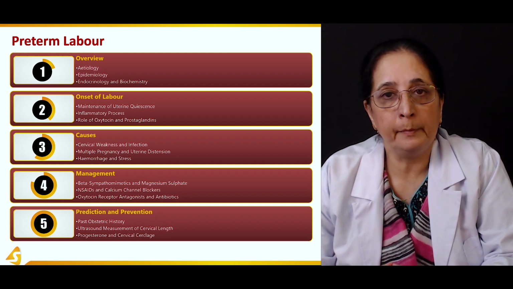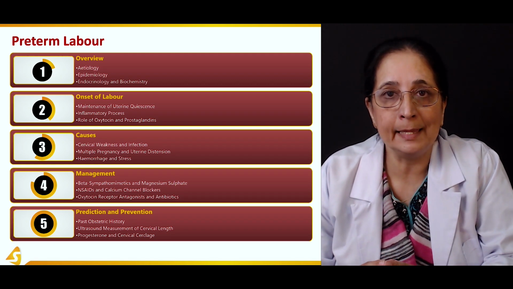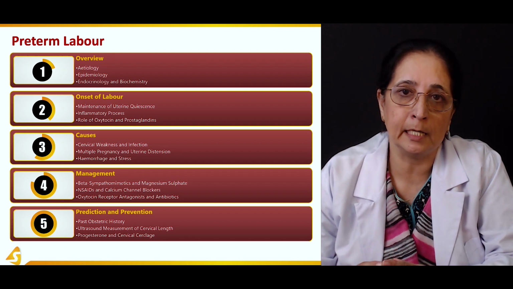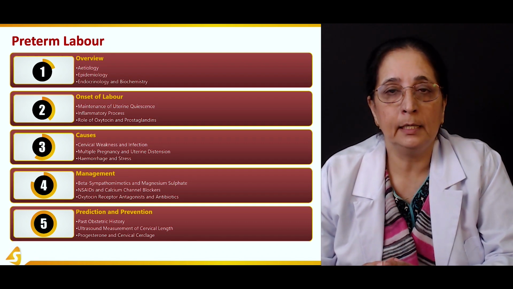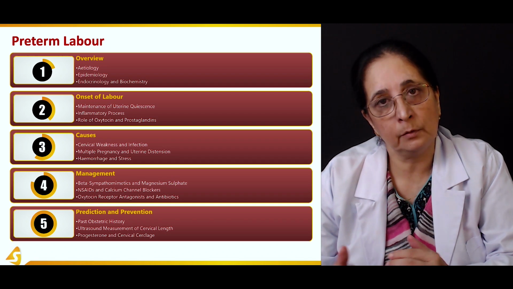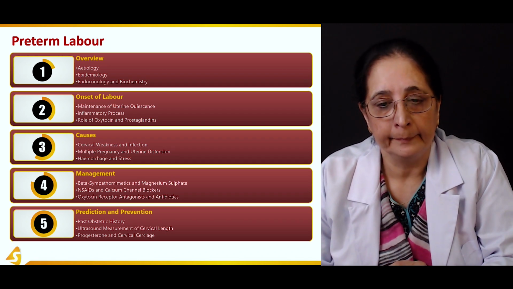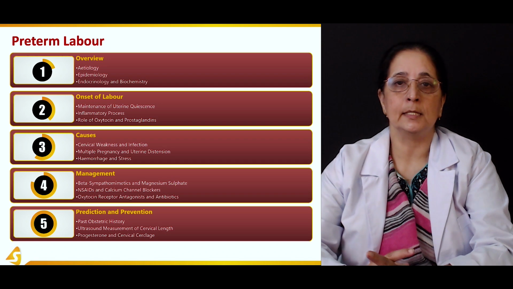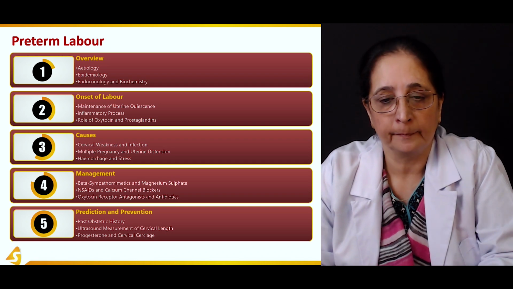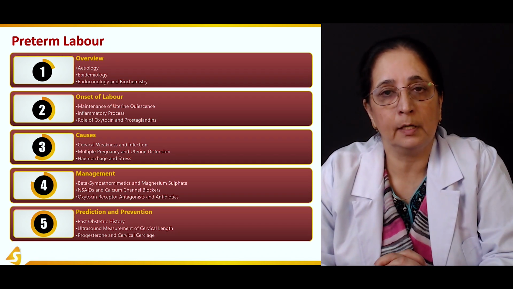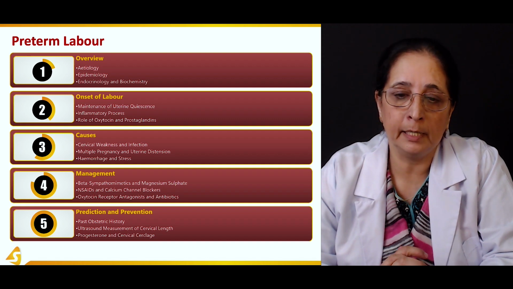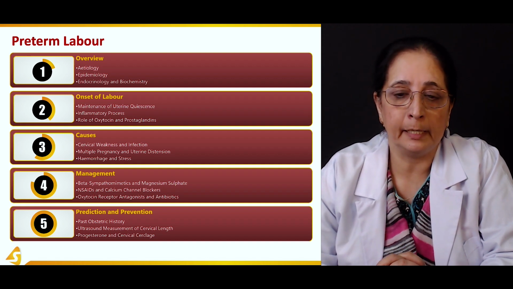Then ultrasound measurement of cervical length of the cervix plays an important role in the preterm labor, so we will talk about that also. Then progesterone and cervical cerclage, and the effect of cervical cerclage on the prevention of preterm labor.